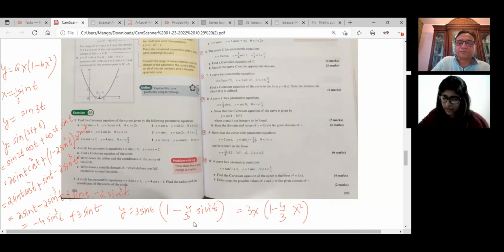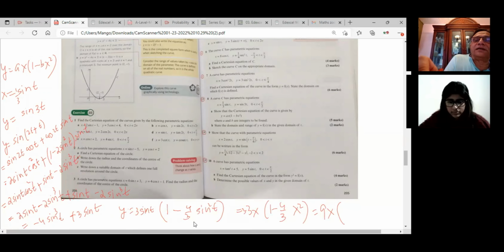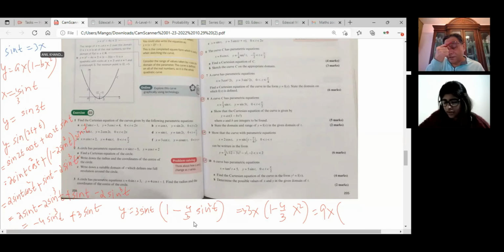So 3 times 3x, 9x. I forgot that. And inside the bracket, 1 minus 4 over 3 times sine squared t, which is 3x squared, so 9x squared.